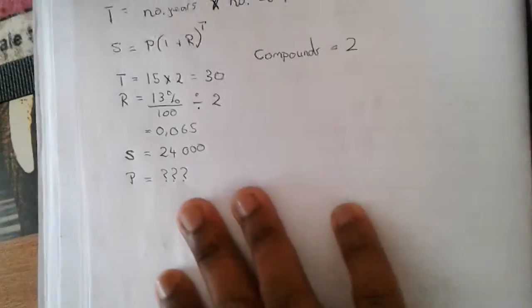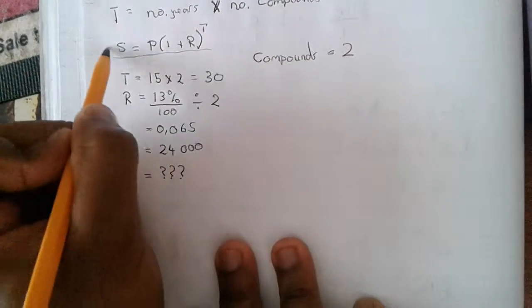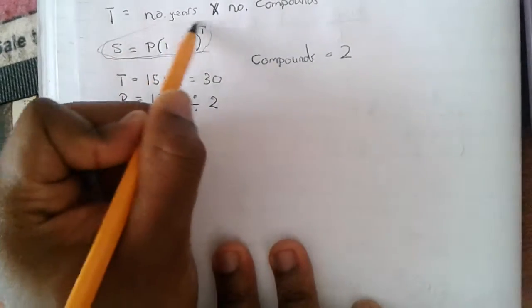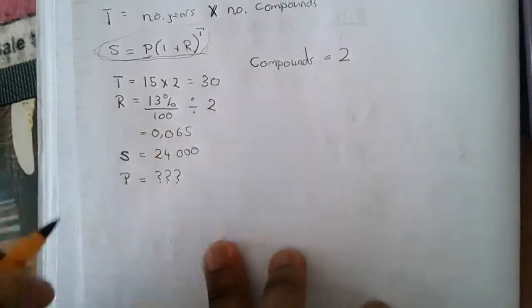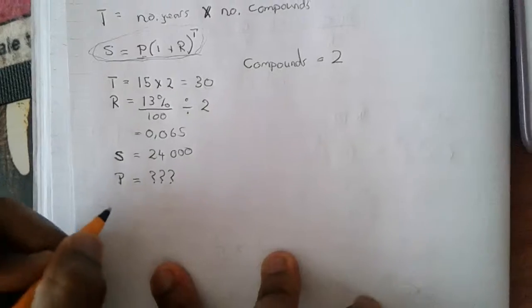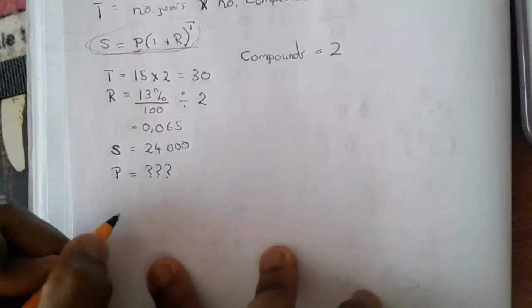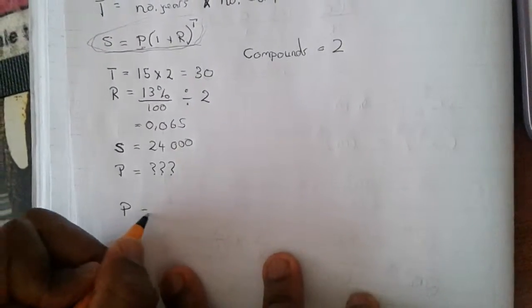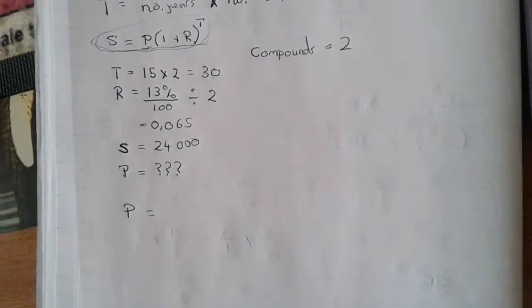So from here, if we're looking for the value of P, we are going to make P the subject of the formula. You have to watch the video on subject of the formula if you do not know how I did this, because I'm not going to do it again.